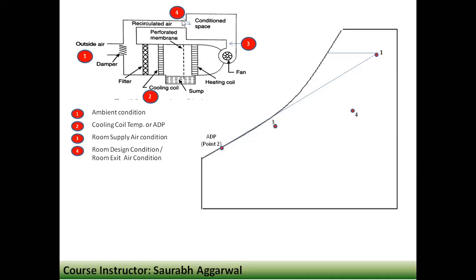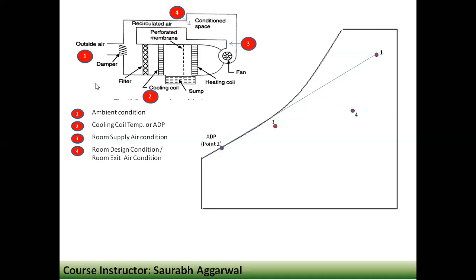It will reach point 4, and this air is now discharged from the room with the help of return ducts, and then it is sent to the point where it recombines with the outside air. Now this is the position of point 4. That is the room exit point, and over here it is the inlet condition.